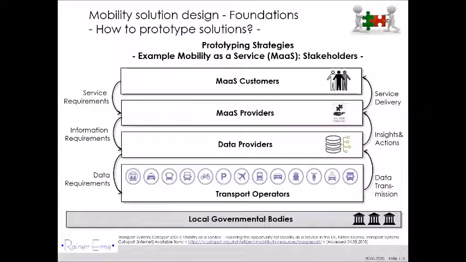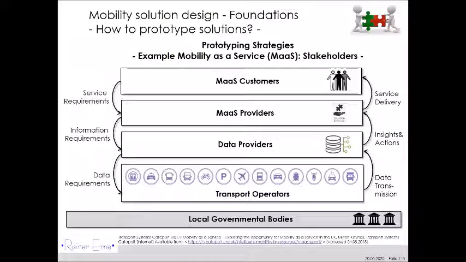The MaaS providers again have certain requirements regarding the data they need in order to provide their service. The data are usually real-time data regarding schedules, journeys, and so on. And these are usually provided by data providers.